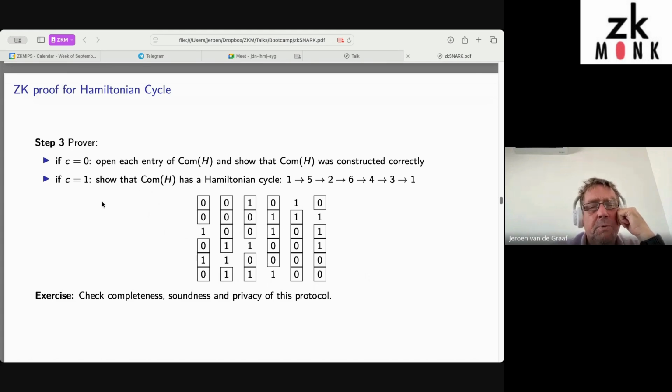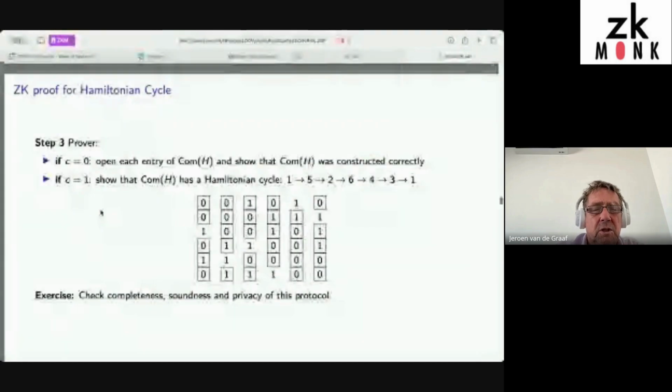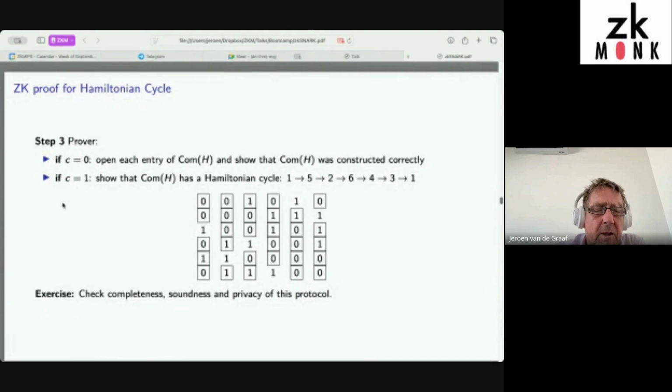And now we're going to repeat this protocol again 20 times. And then after 20 times, the verifier should be convinced that the prover indeed has a Hamiltonian cycle for the original graph G. So this is an example of a zero knowledge proof.